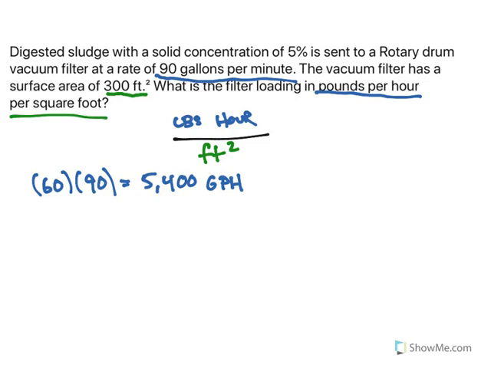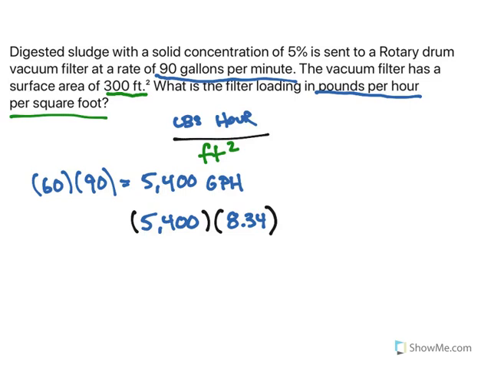So we're going to take our gallons per hour, 5,400 gallons, and multiply that by 8.34 pounds per gallon. That's going to give us the pounds of sludge.